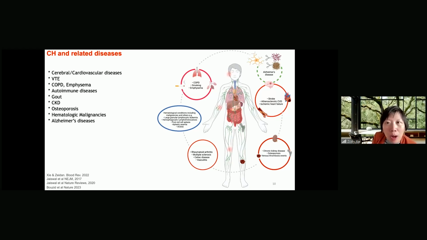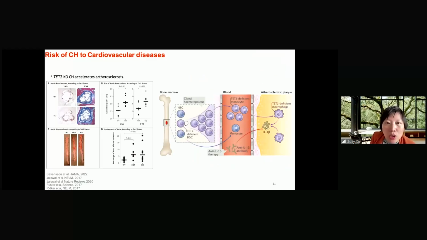While patients with clonal hematopoiesis may not experience any symptoms, there's a growing body of data indicating clonal hematopoiesis has a broad impact on age-related and inflammatory diseases, such as cardiovascular disease, specifically stroke, heart attack, autoimmune diseases, osteoporosis, lung disease, or kidney disease. Certainly, we also talked about the risk to progress to myeloid malignancy. One of the most phenomenal findings was the association between clonal hematopoiesis and cardiovascular disease.